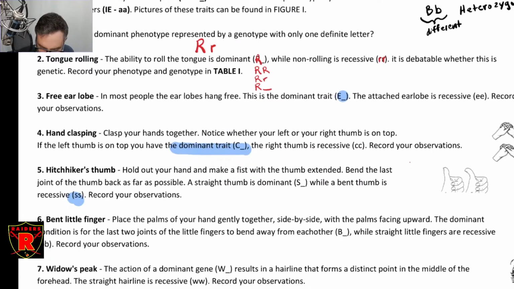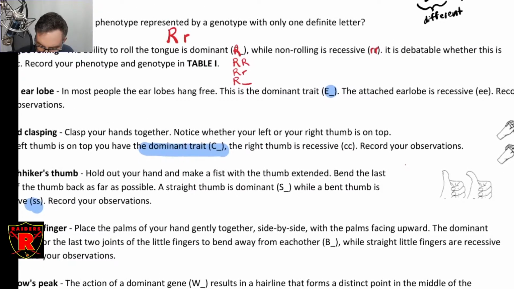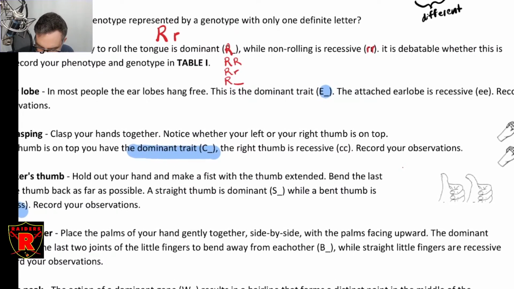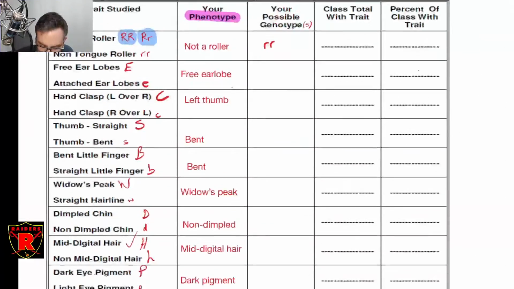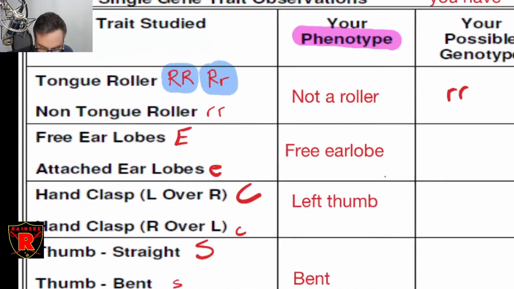So the dominant trait is the one with the hanging lobe, so not attached, and they're representing that with a capital E. I don't have mine as attached, so that means that I have free earlobes.